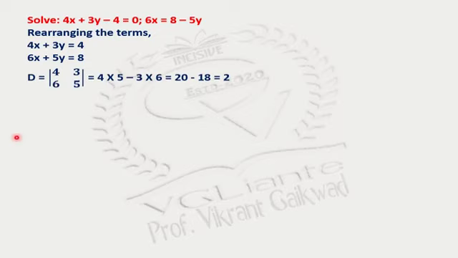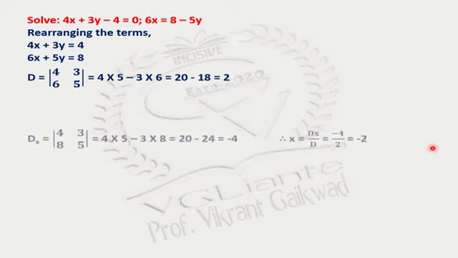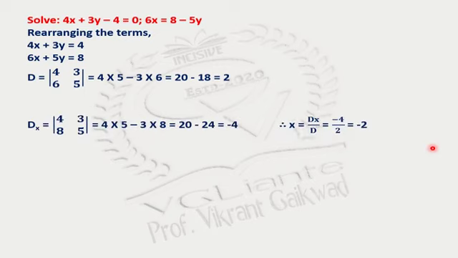Determinant D has a1, a2 as 4, 6 and b1, b2 as 3, 5. You'll multiply them diagonally, 4 into 5 minus 3 into 6, that is 20 minus 18, that is equal to 2.